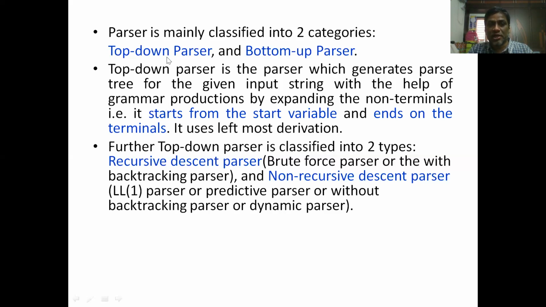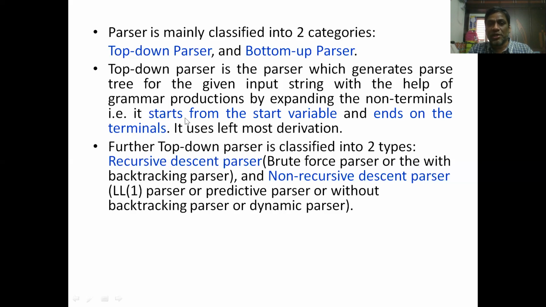So in top-down parsing, it takes the start variable of the grammar and it will try to produce the string which is under observation. The string is any statement of the programming language for which the syntax verification is being done. Okay, so the job of syntax analyzer is to verify the syntactical correctness of any statement, right?